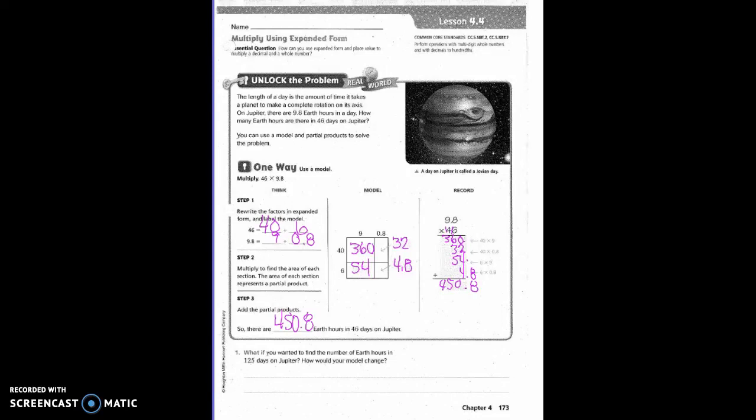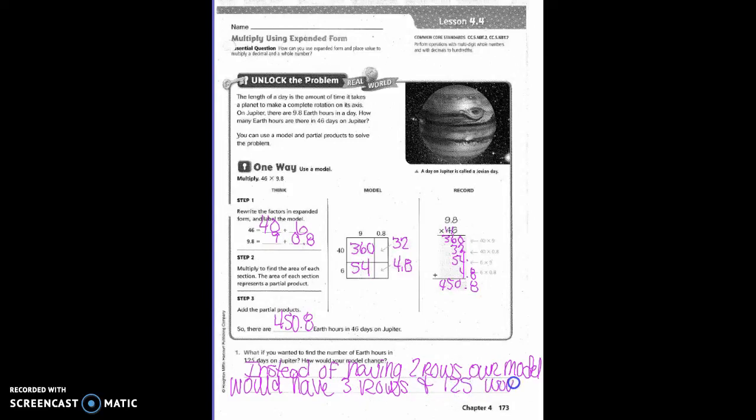So instead of having 2 rows, our model would have 3 rows, and 125 would be broken into, what would we break 125 into, guys? 120 and 5. 120 and 5.